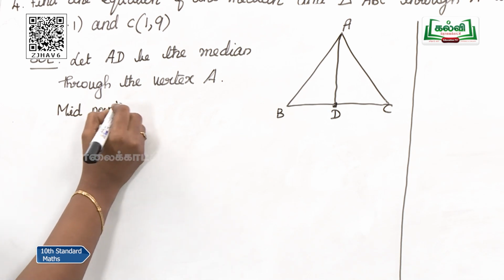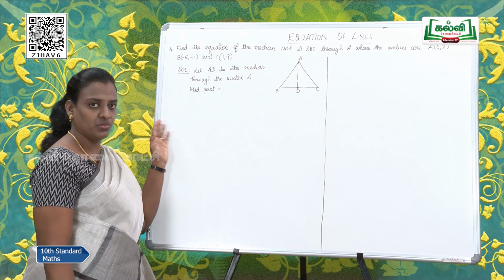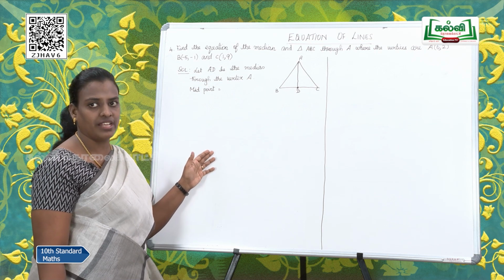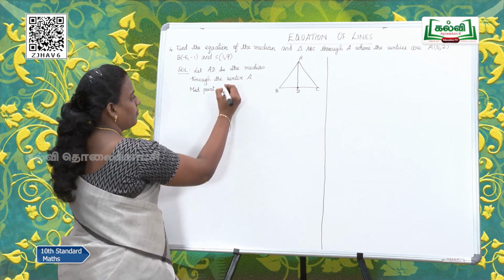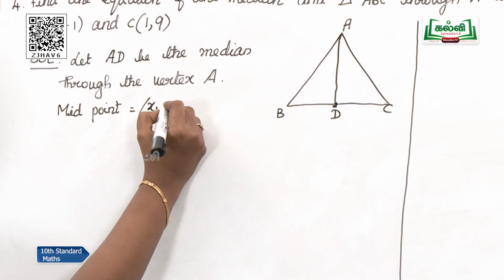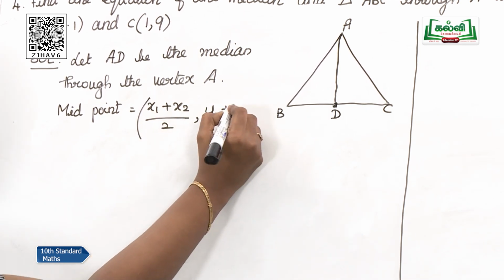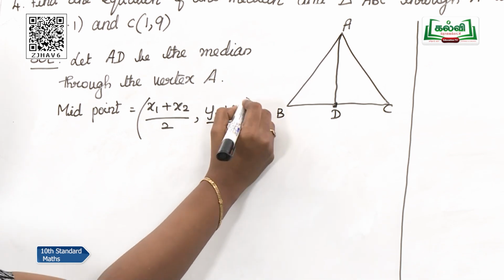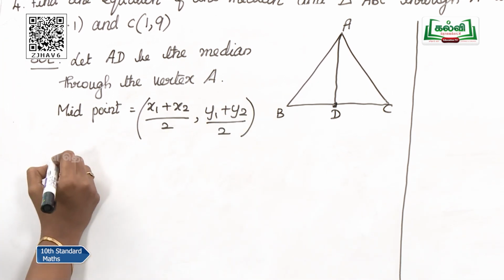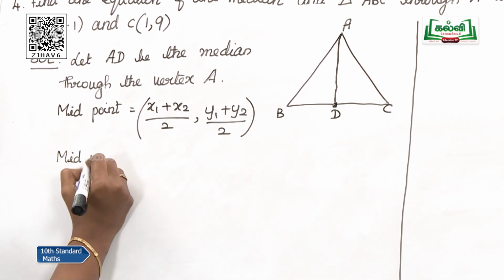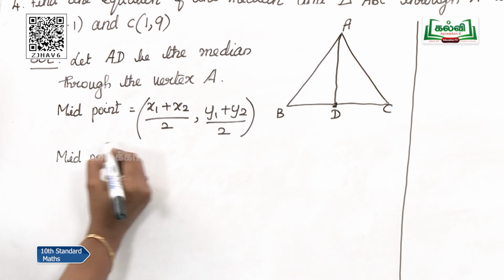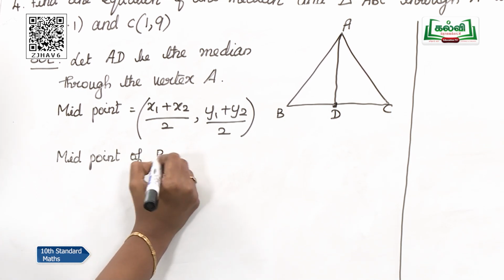How do you find the midpoint of the two? You use the formula which you have learnt in your 9th standard. So the midpoint formula is (x1 plus x2) by 2, (y1 plus y2) by 2. Okay. So here I am going to find the midpoint of BC.